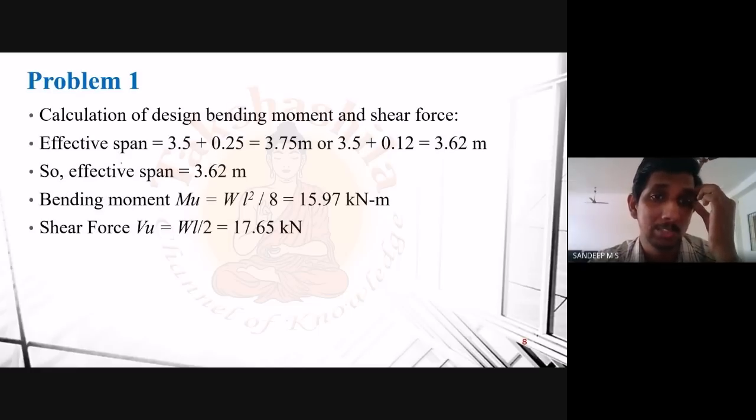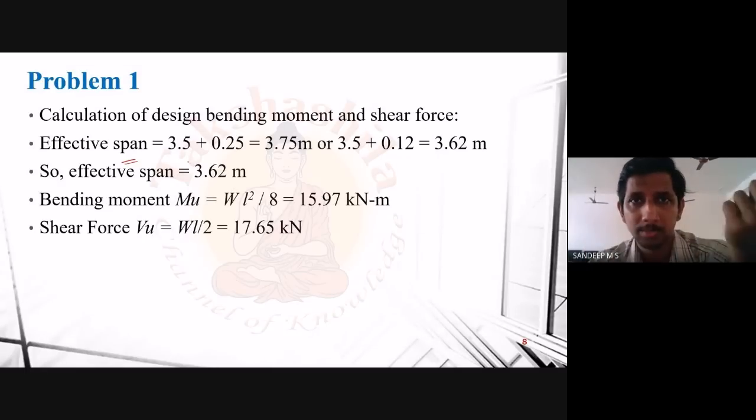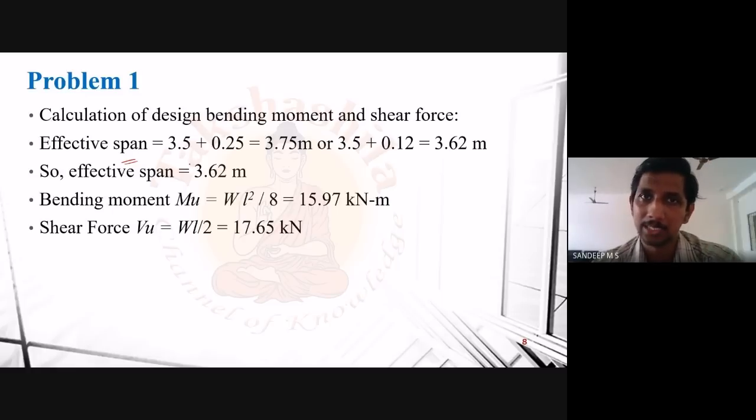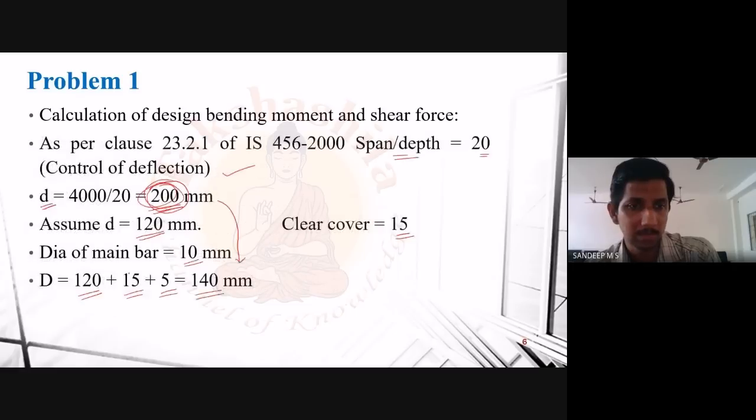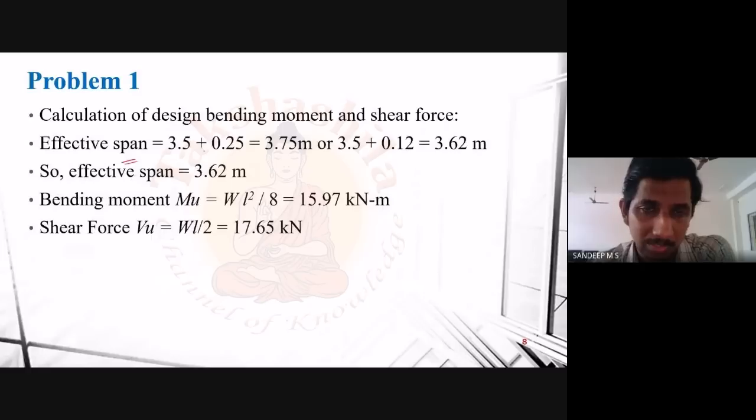Now let's calculate the effective span. Again, using the same clause, the effective span for a simply supported beam was what? It was the clear span plus effective depth, or the center to center distance between the supports. In this case, the effective depth was 120 millimeters and the width of the support was 250 millimeters. First, let's take the center to center distance. That will be equal to 3.5 plus, say we have the slab like this, with two supports on each end, each having a width of 250 millimeters.